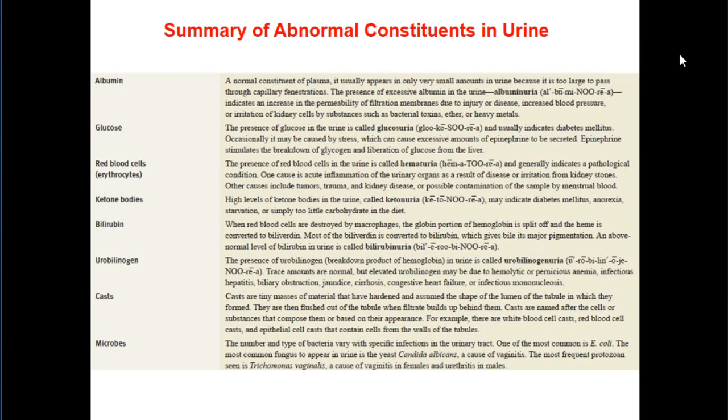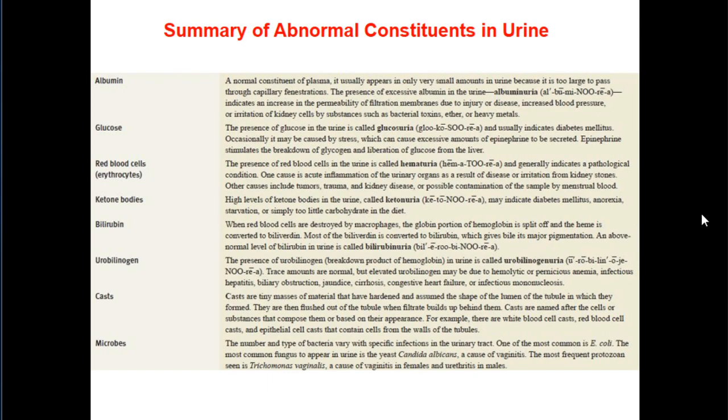Glucose also should be absent in final urine because it must be completely reabsorbed. And you remember that the transport maximum is around 10 millimole per liter. That's when carrier proteins will get saturated, and the excess of glucose will appear in urine, which is called glycosuria, and that could be the sign of diabetes mellitus, as well as the presence of ketone bodies.